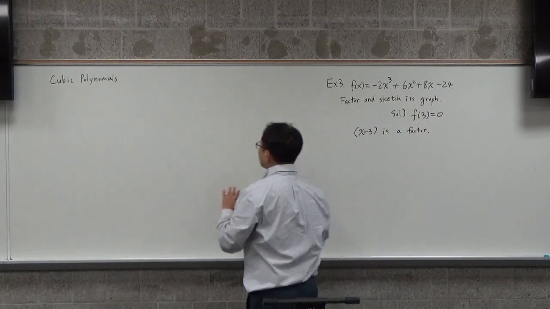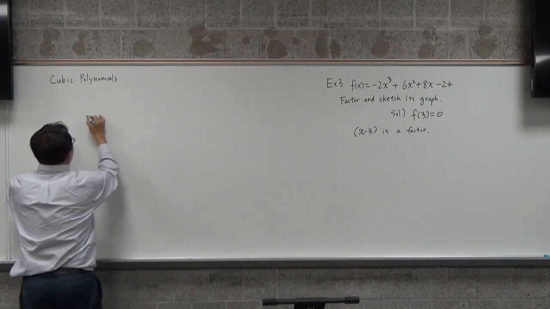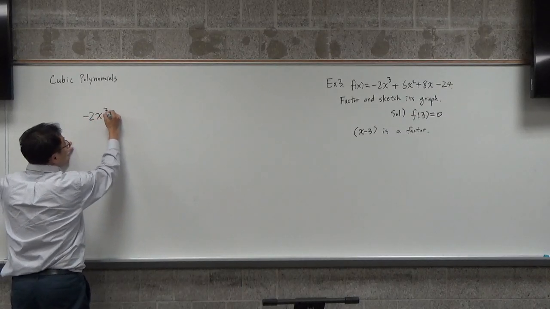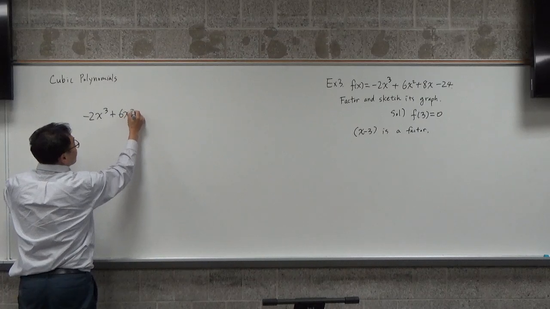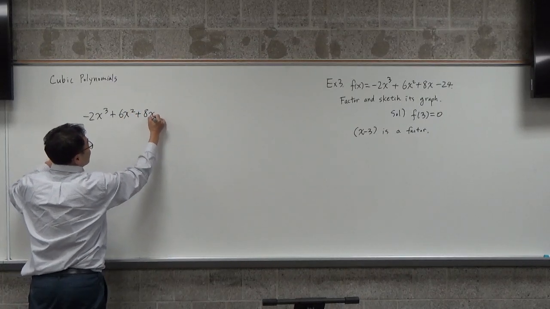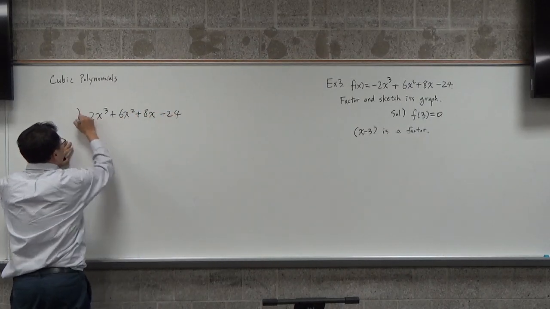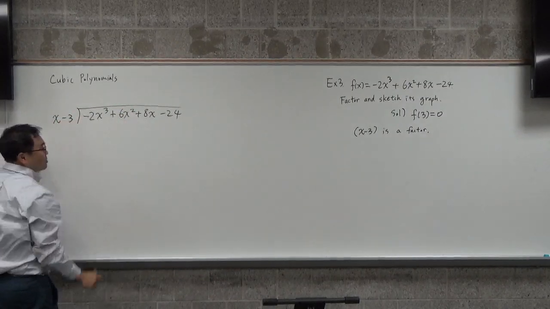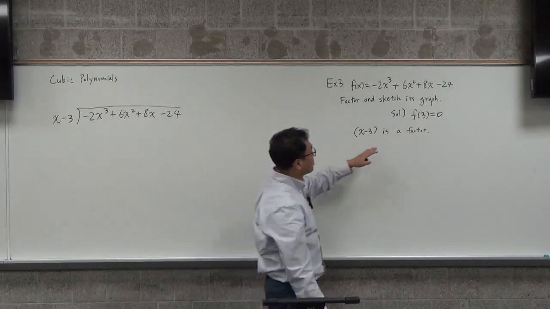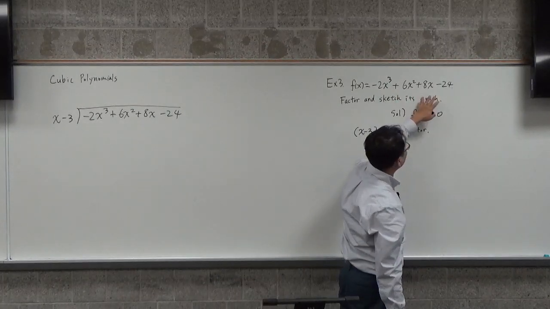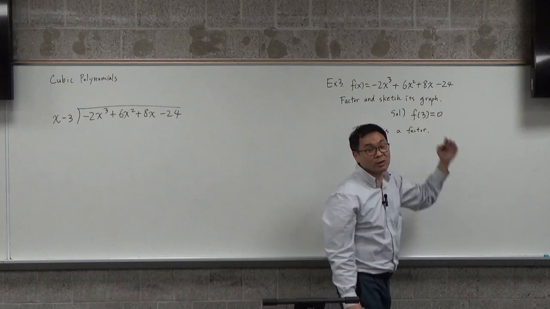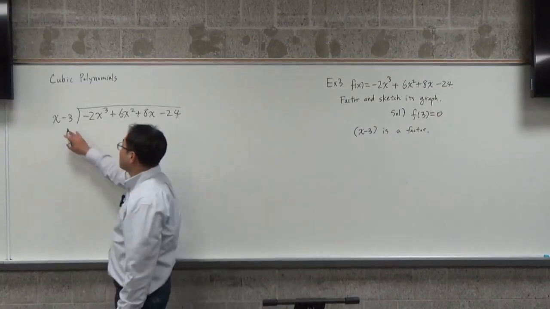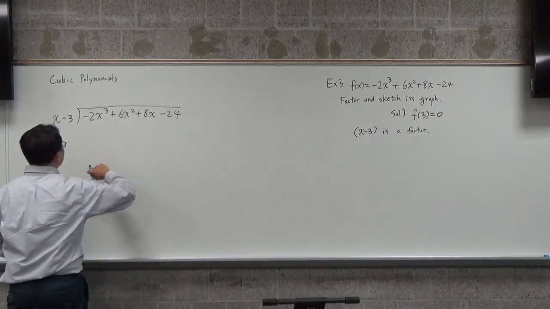So we are going to take negative 2x cubed plus 6x squared plus 8x minus 24 and divide this by x minus 3. Okay? So we are assuming that if you plug in 3 and do the calculation, you get 0. You can check, okay? So x minus 3 is a factor.